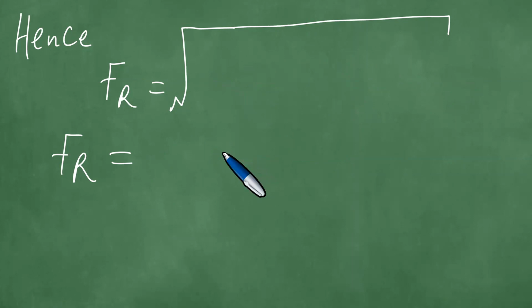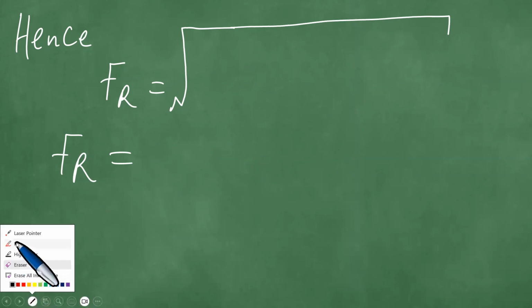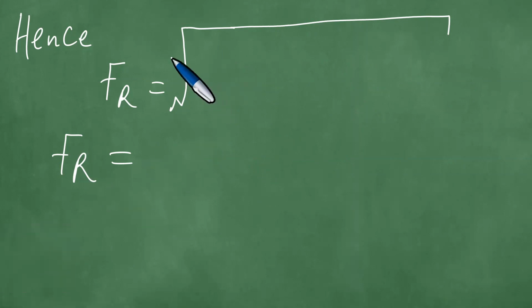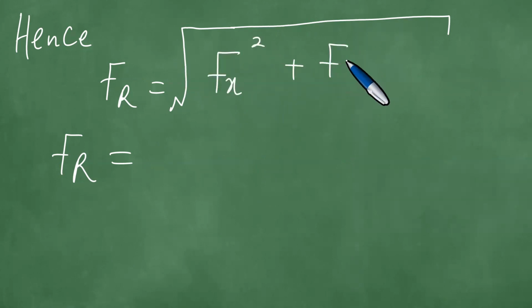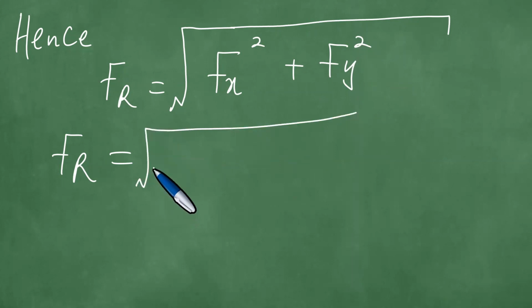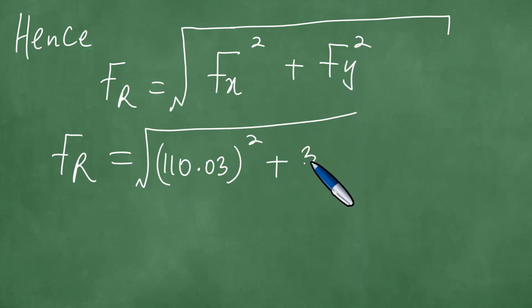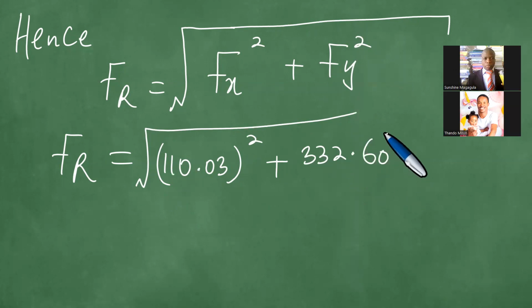Right, so the step is that you have Fx squared plus Fy squared. 1110.03 squared plus 332.60 squared.